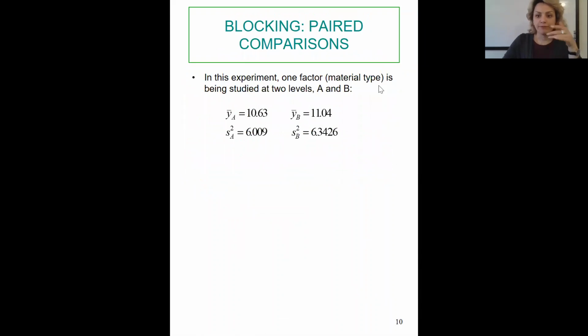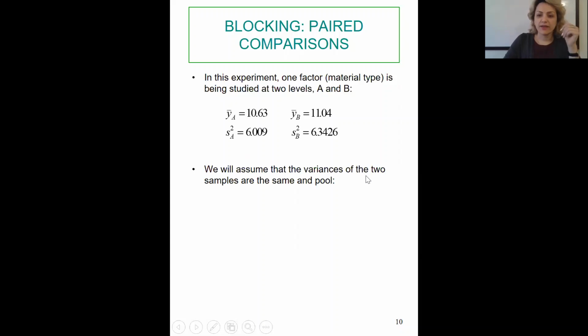As a first step in this experiment, we calculate the mean and the variance of A and B. The sample means are 10.63 and 11.04, and the variances are 6.009 and 6.34, very similar.